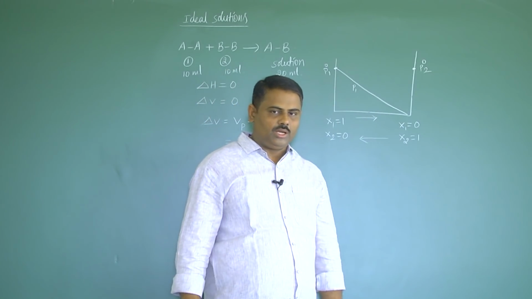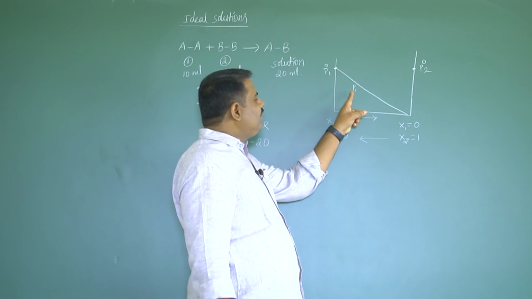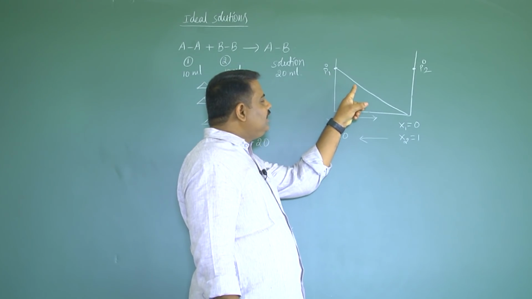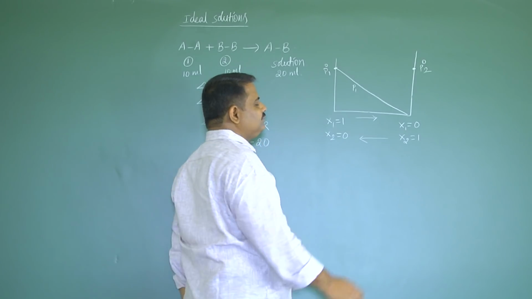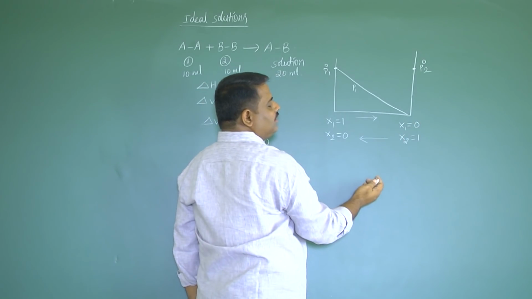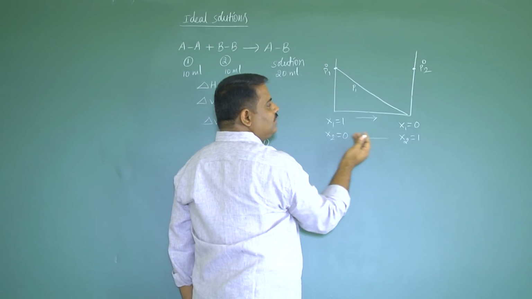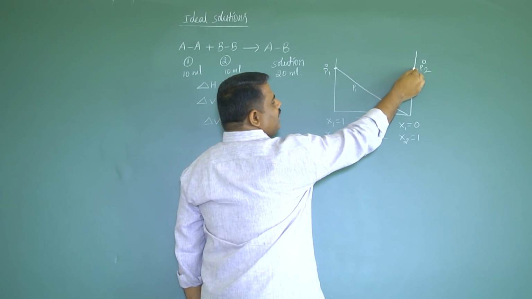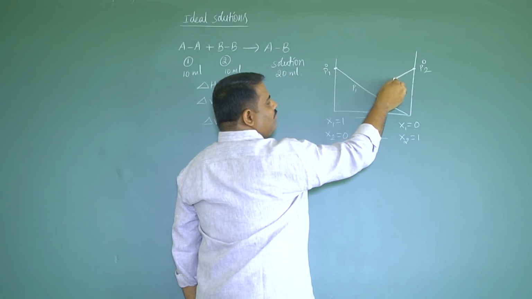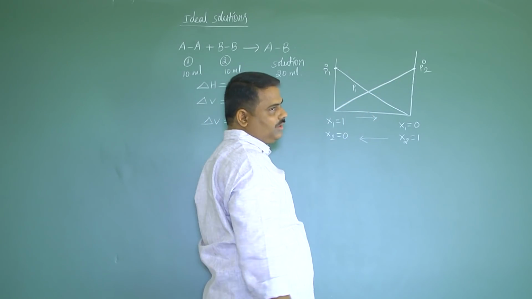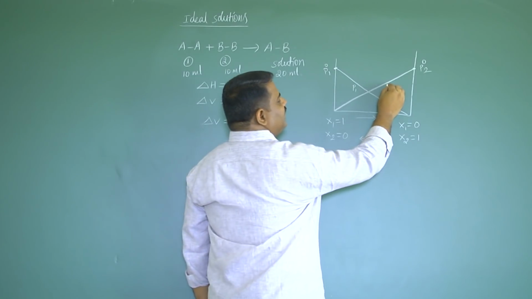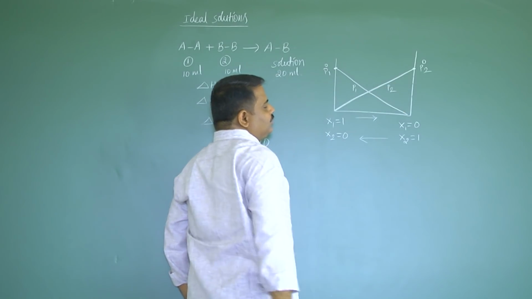P1 is nothing but vapor pressure of a component in the given solution. Whereas in the second condition, if you are moving from right to left, slowly vapor pressure of component 2 decreases and approaches 0 here. This we can write as P2.